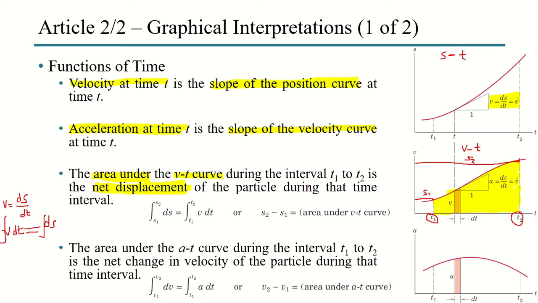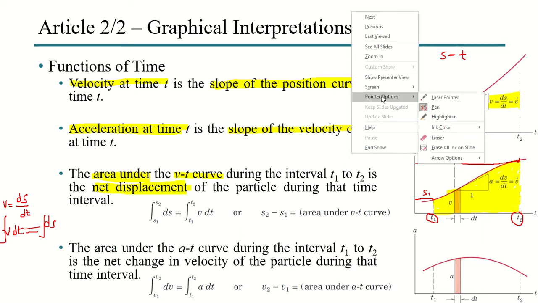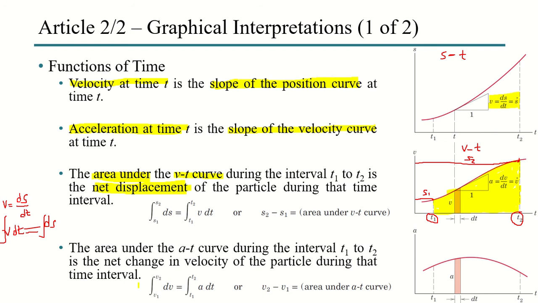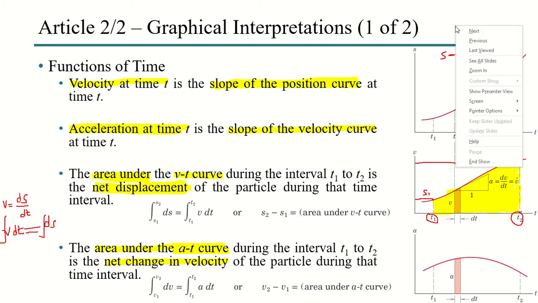Then the area under the a-t curve. What is that area under the a-t curve? The area under the a-t curve during the interval t1 to t2 is the net change of velocity. So you can find the velocity using the acceleration a-t curve.